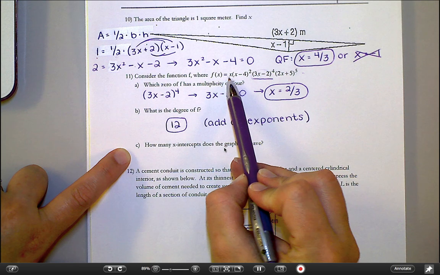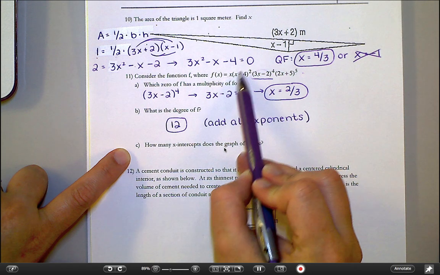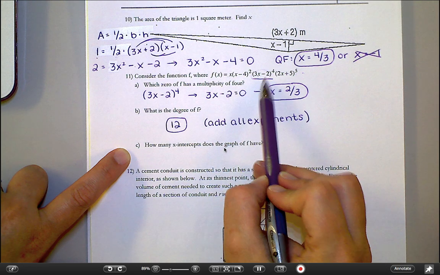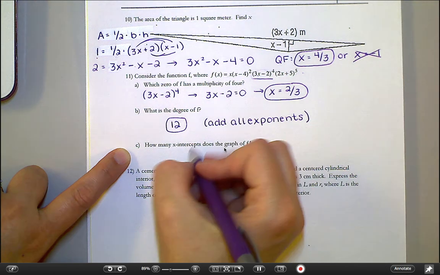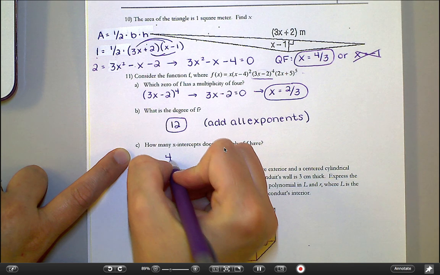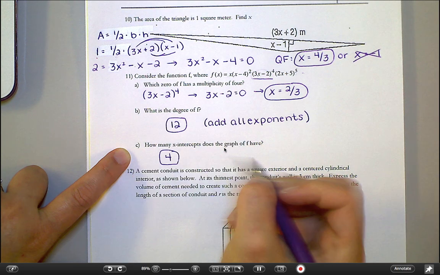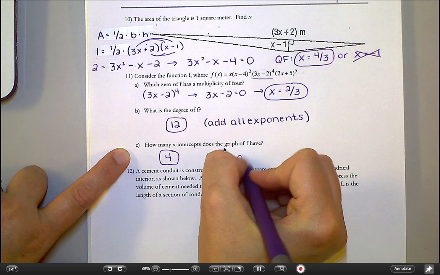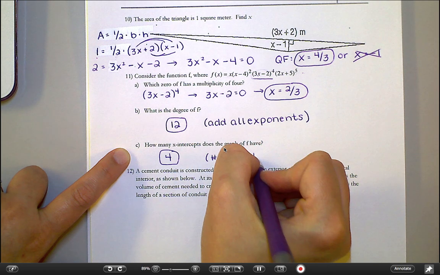So I would have 1 here. I would have 1 here. It would have a multiplicity of 2, but that would still just be 1 intercept. I would have 1 here, and I have 1 here. So I would have 4 x-intercepts. And then I'll just say this is the number of distinct zeros.